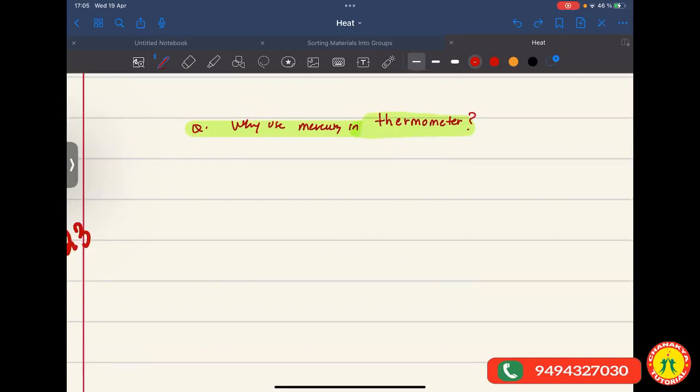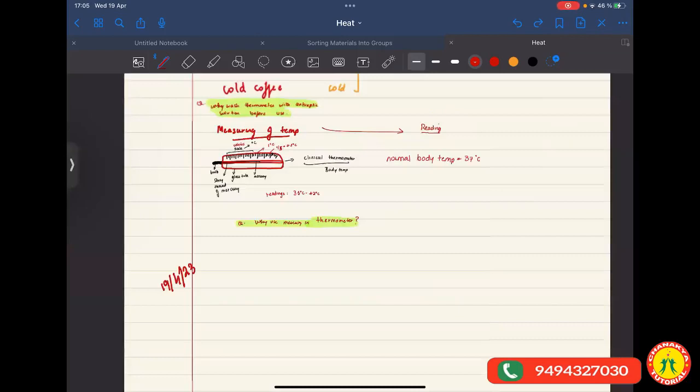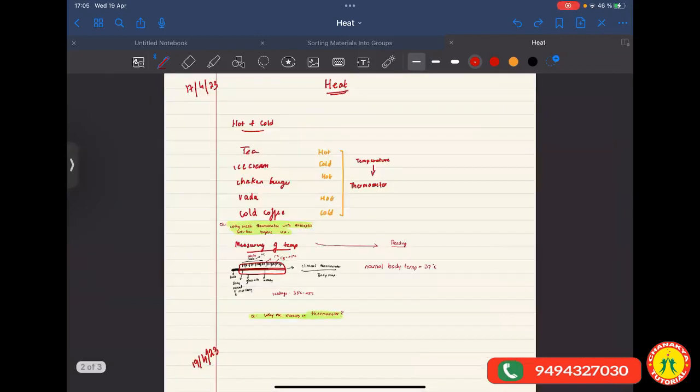Okay, so the next thing is a laboratory thermometer. How do we measure the temperature of other objects? The clinical thermometer is only for your body. So we saw 2 thermometers.